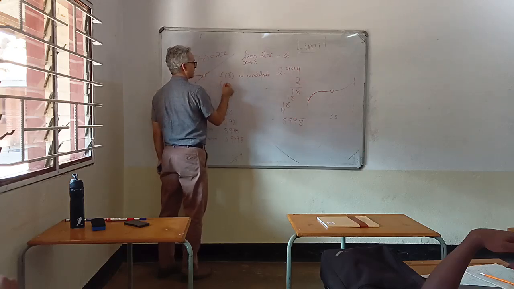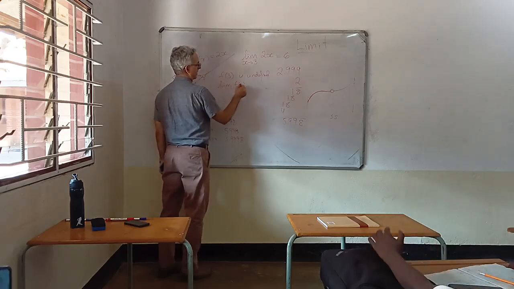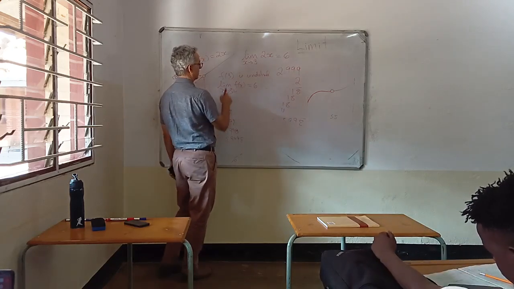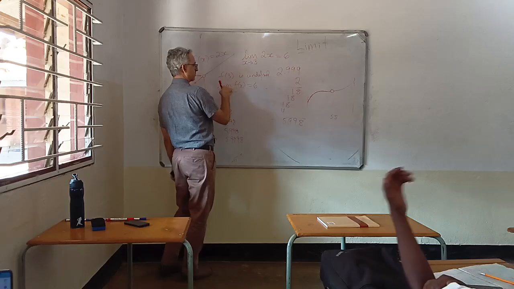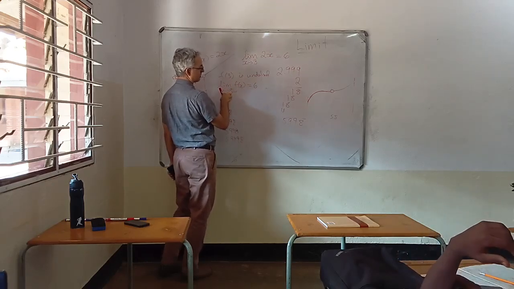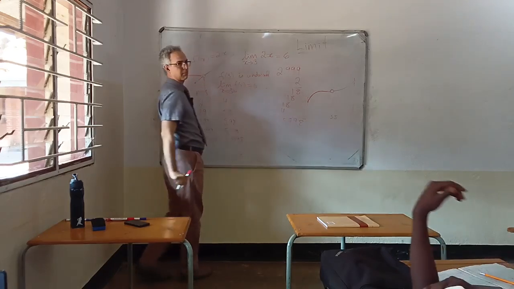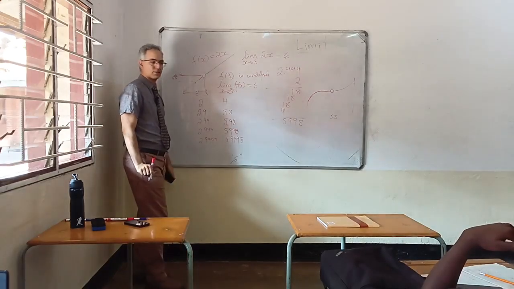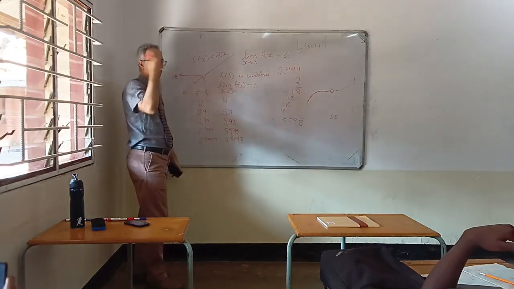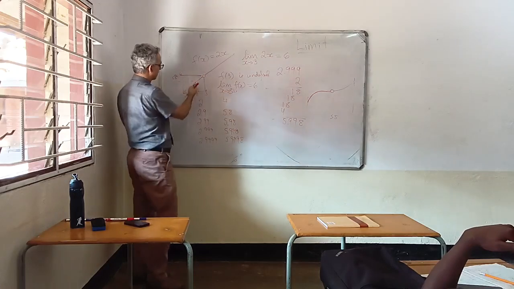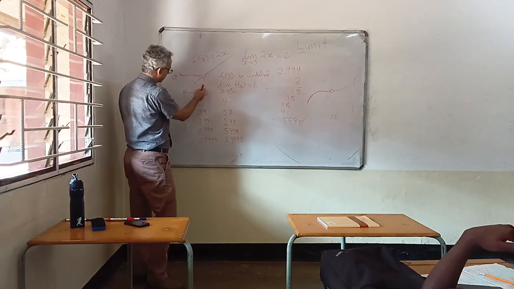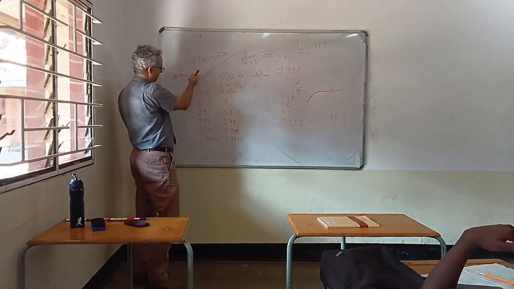But the limit of f of x as x approaches 3 equals 6. F of 3 is undefined, but the limit of f of x as x approaches 3 is 6. So here we're just writing, using math notation, what you know already in your mind. You look at this, you say, well, it looks like it should be 6. Right? When x is close to 3, then the thing becomes almost 6.